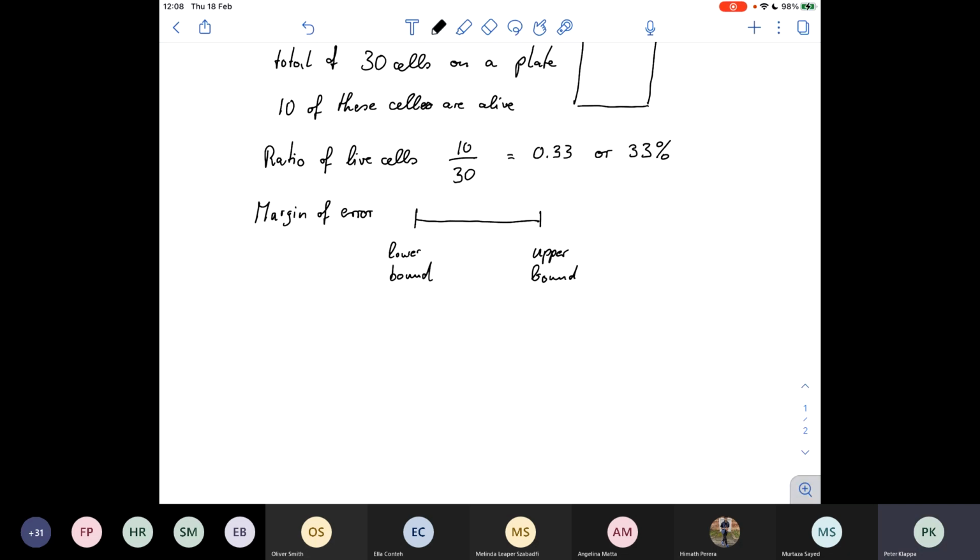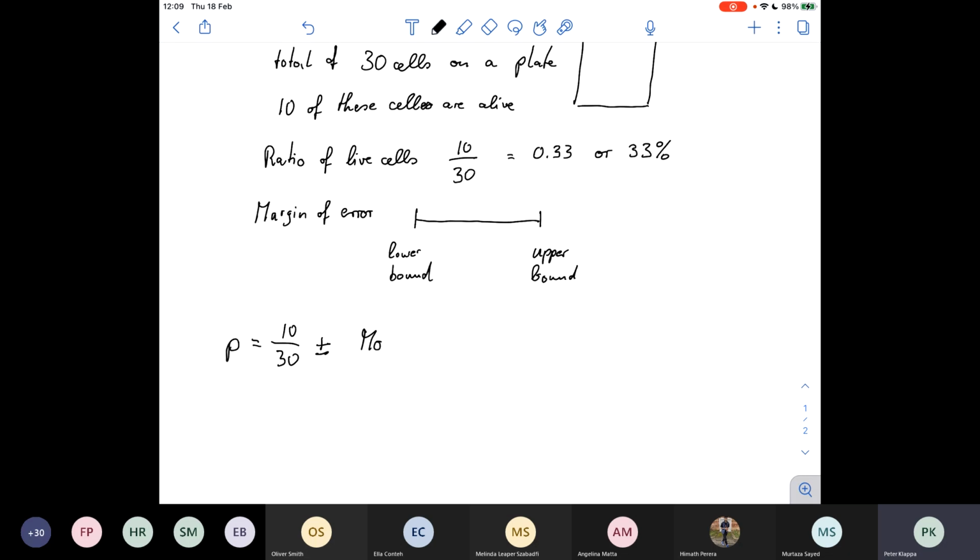We would do that by calculating this ratio, and I call it P here, and this P would be 10 over 30, plus or minus a margin of error.